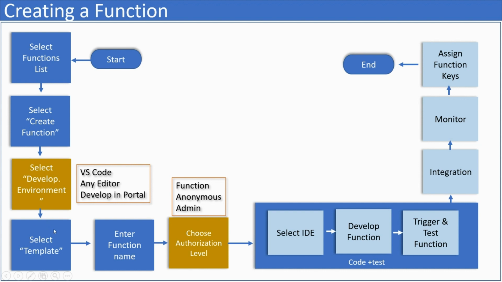Then you can select the template using which you can create your code. There are multiple templates available, and upon selection of the template, you need to enter the unique function name. Then you can choose the authentication level.